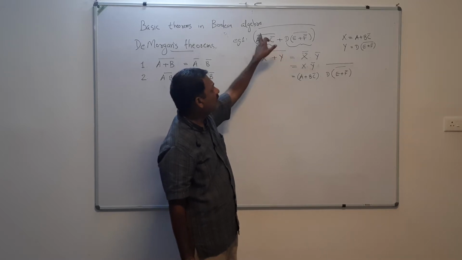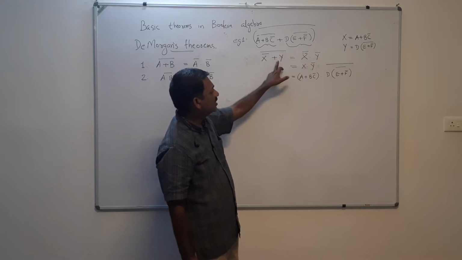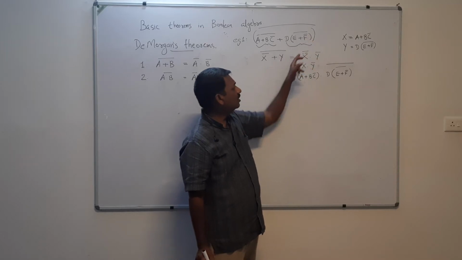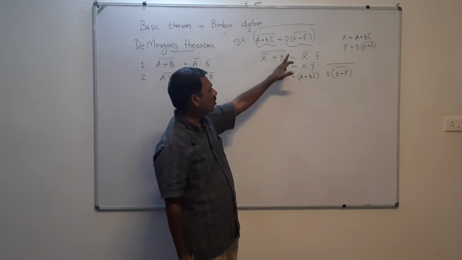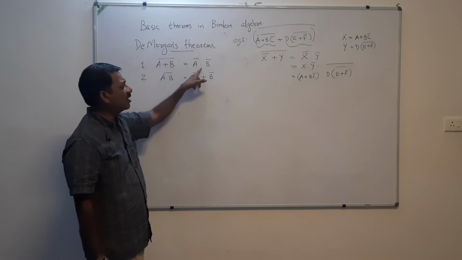Then X bar plus, you have replaced D into E plus F bar the whole bar with Y. Then this becomes X bar plus Y the whole bar. Using De Morgan's theorem, A plus B the whole bar is equal to A bar dot B bar.